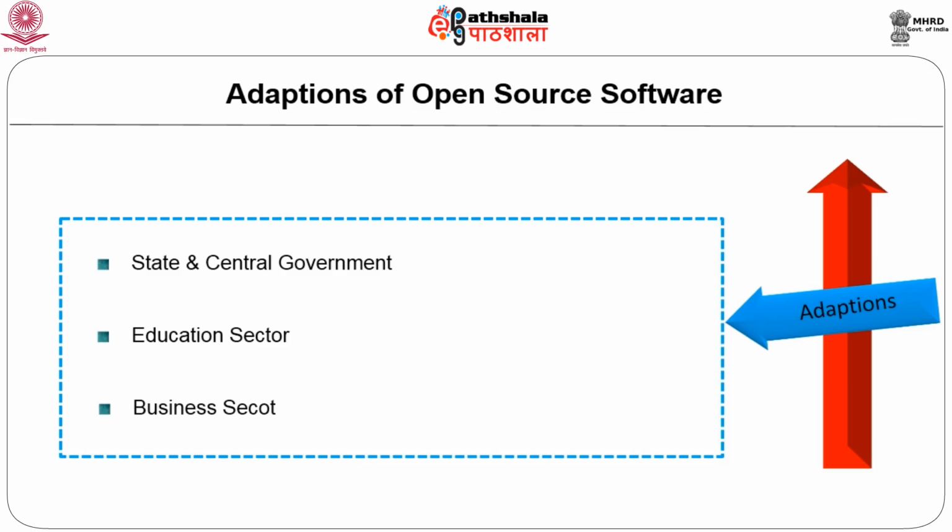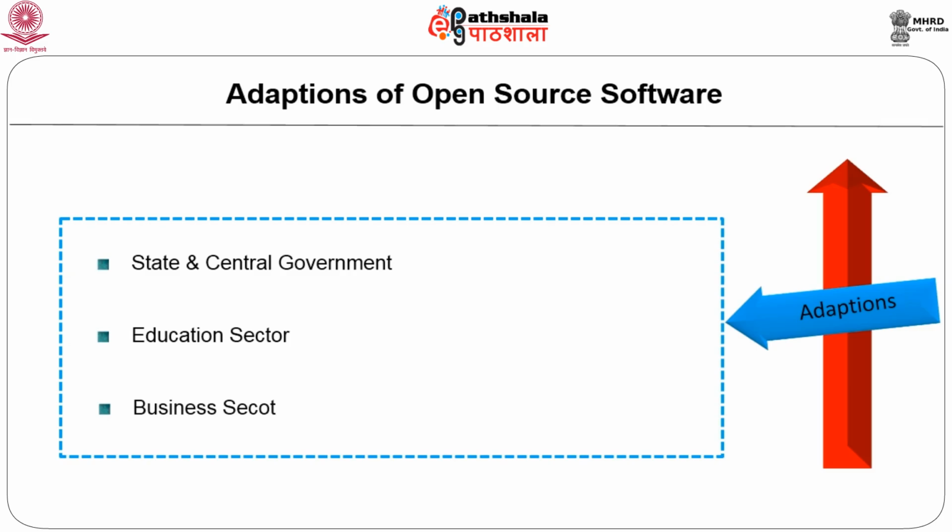So, each government department has to maintain a particular policy to adopt open source software. State governments are gradually picking up the open source movement. So, most of the state governments are looking forward to develop their projects in open source.